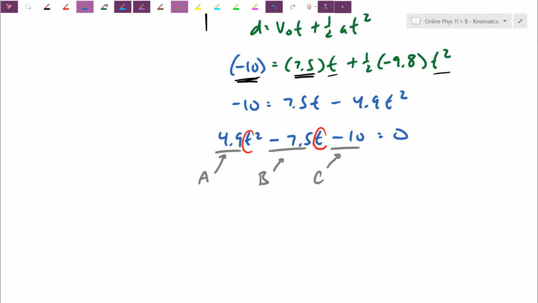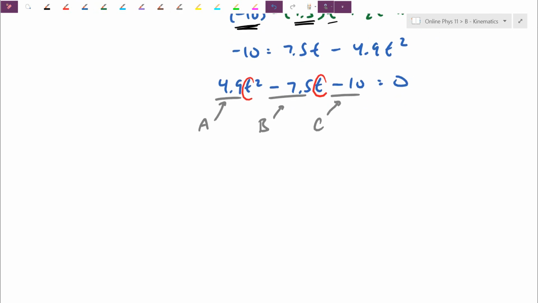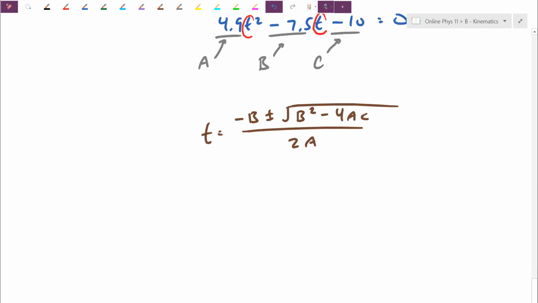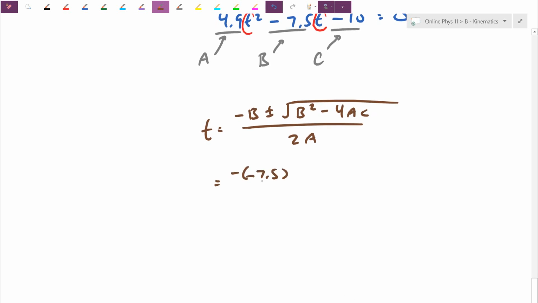So let's just go to our formula sheet here. For the quadratic formula, we're actually looking for t. It's negative b. Even though I know what a, b, c are, I'd still copy out the equation, just to make sure I do all the right math to those numbers. And here we go. We're going to take the negative of b. B itself was negative 7.5, so negative of negative. There's a plus minus. I'm going to take a negative 7.5.